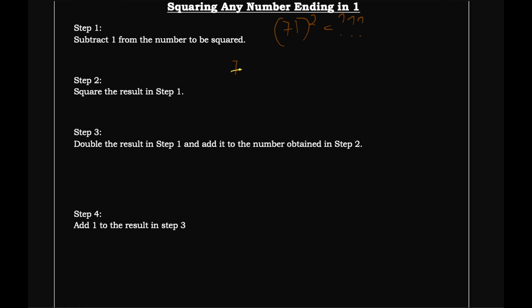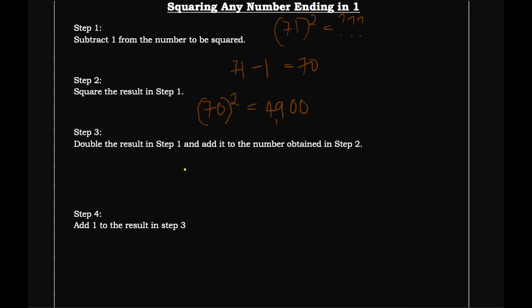So my answer here will be 71 minus 1 is equal to 70. Step number 2 says square the result in step 1. So I will get the square of 70, which is 7 times 7 is 49, and I will add 2 zeros, that will be 4,900.